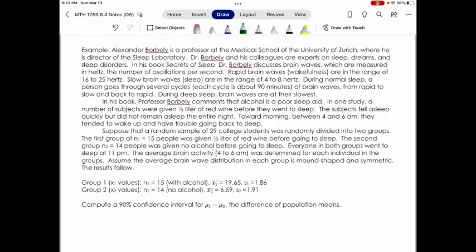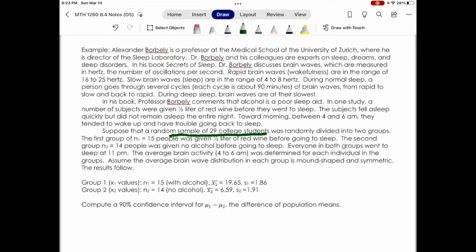Okay, in this second example, we have a doctor that is trying to determine if alcohol affects sleep patterns and brain waves. So you can read the example in more detail. I'm going to hop down to the information at the bottom. It goes on to explain that the doctor took a sample of 29 college students and divided them into two groups.